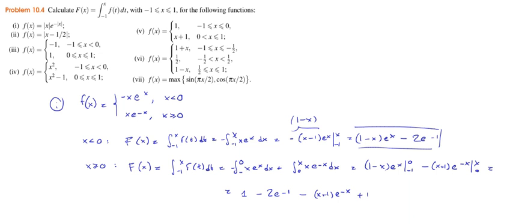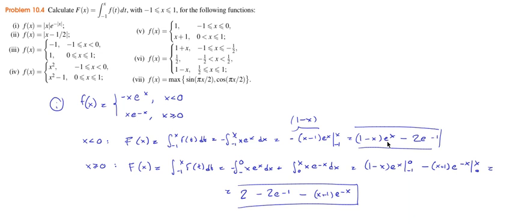So we can rewrite this like this. This is going to be 2 minus 2 divided by e, minus x plus 1 e to the minus x. Okay, so it's interesting to notice that this is going to be a continuous function.